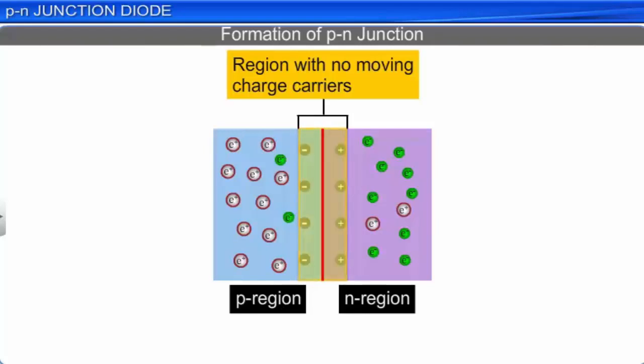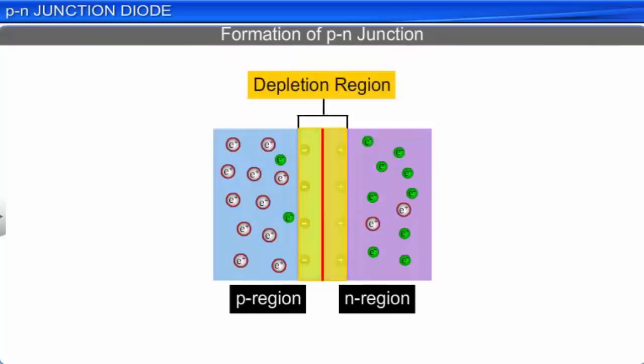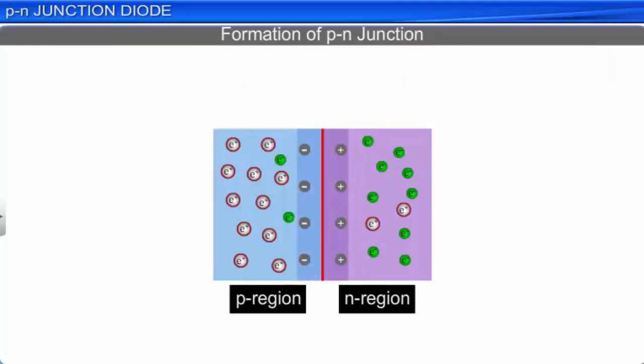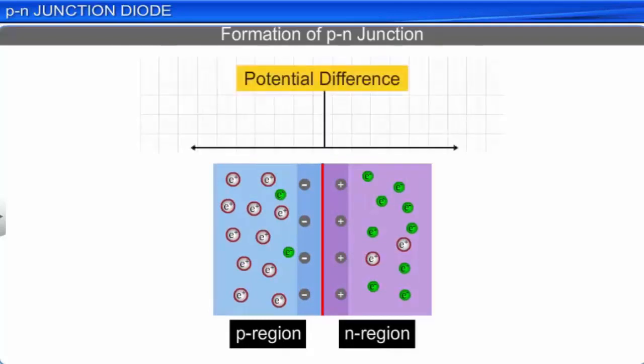The separation of charges in the depletion region creates a potential difference that opposes the diffusion of electrons in the n region and holes in the p region across the p-n junction. The electrons and holes have to overcome this potential difference, called the barrier potential, to freely diffuse across the p-n junction.